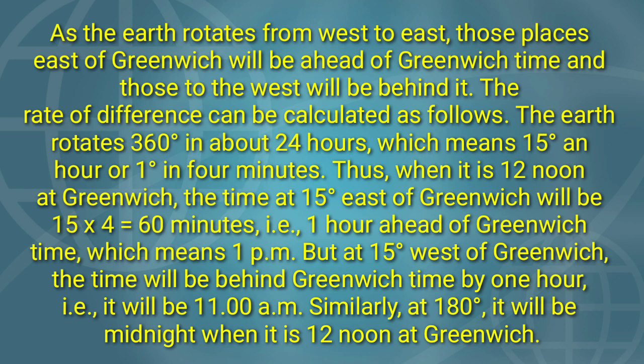That is 1 hour ahead of Greenwich time, which means 1 pm, but at 15 degree west of Greenwich, the time will be behind Greenwich time by 1 hour. That is, it will be 11 am. Similarly, at 180 degree, it will be midnight when it is 12 noon at Greenwich.